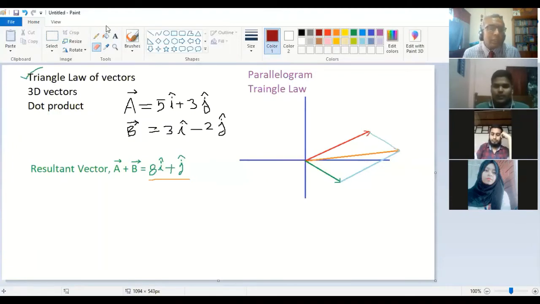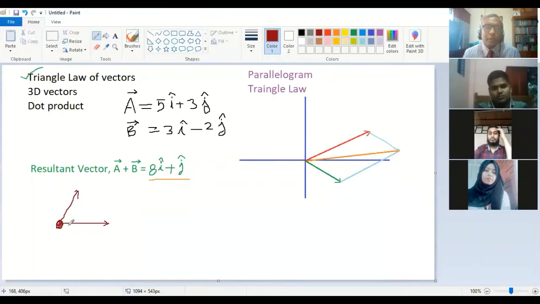So in a real example, you can say this is a stone, okay, and there is a rope and someone is pulling this stone in this direction, that is one rope, okay, and the force is there, and another one is just pulling the same stone with another rope in another direction.